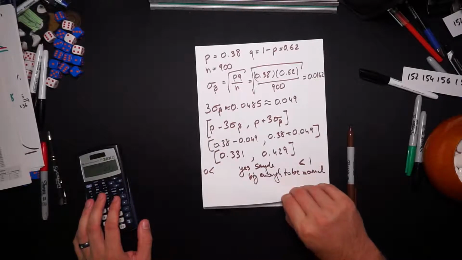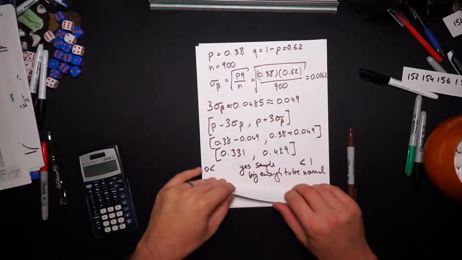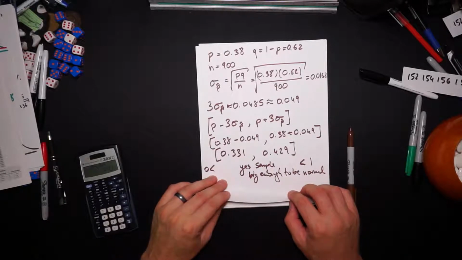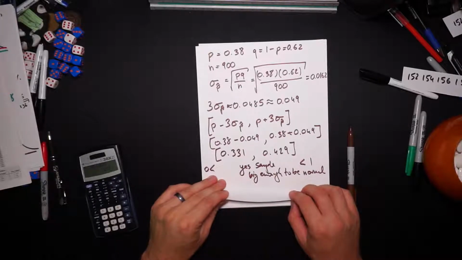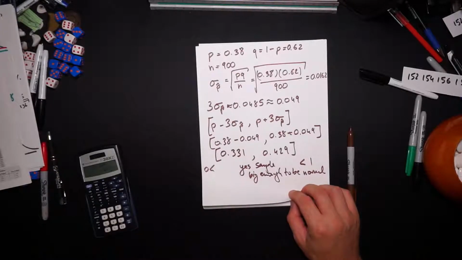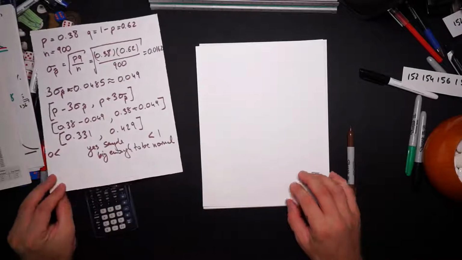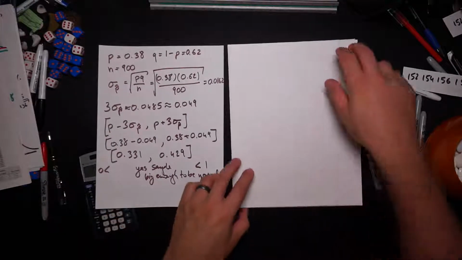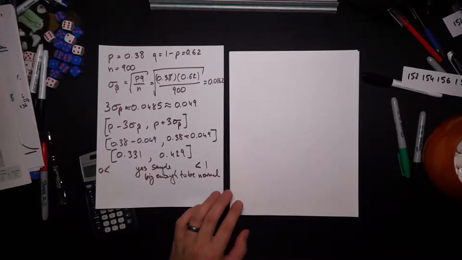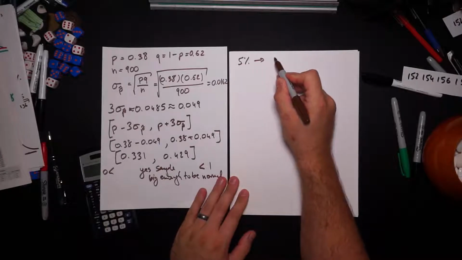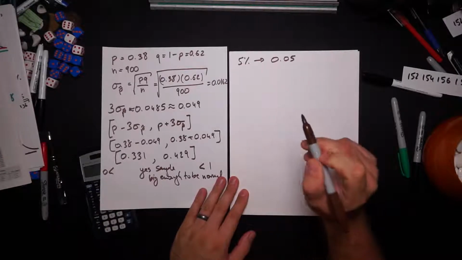And now B, find the probability the sample proportion computed from the sample of 900 will be within 5% points of the population proportion. What does it mean to be within 5%? Well, 5% means 0.05.